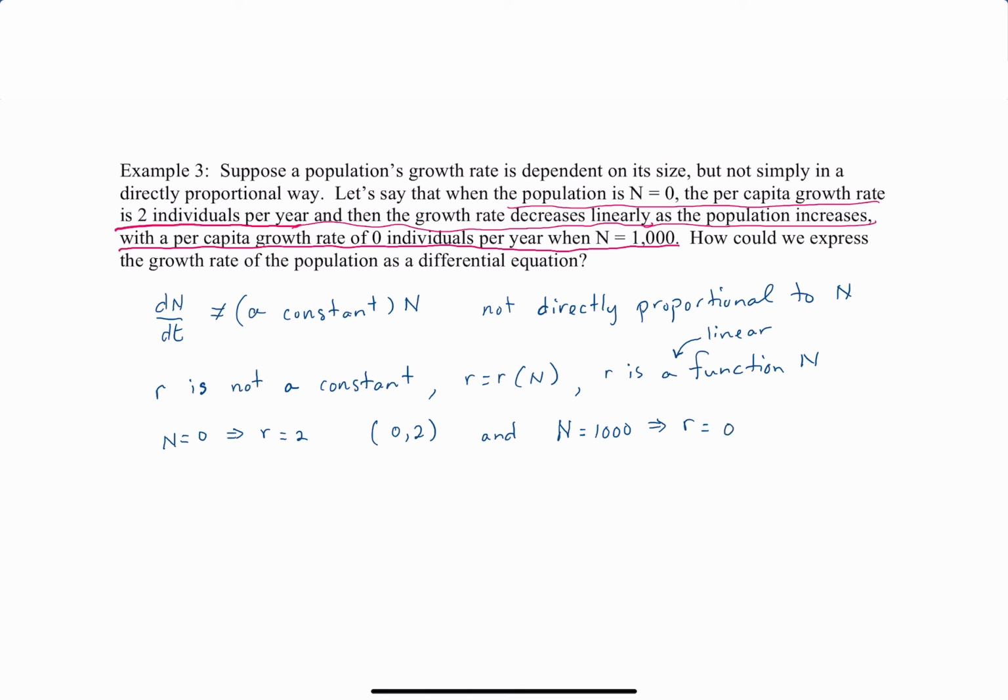So in other words, the point (1,000, 0) would be on the line. To write the equation of a line, we need the slope. So rise over run. It's going to be 2 minus 0, that's our rise, over 0 minus 1,000, that's our run. So I have 2 over negative 1,000, which is the same thing as negative 1 over 500.